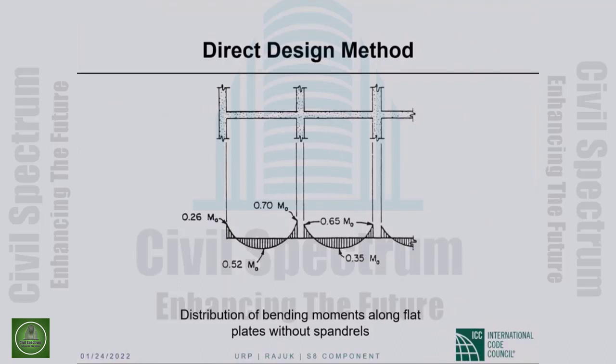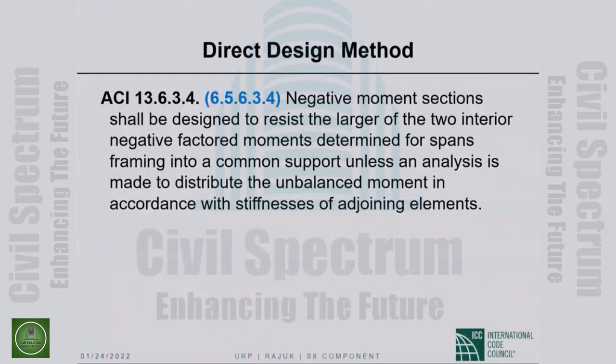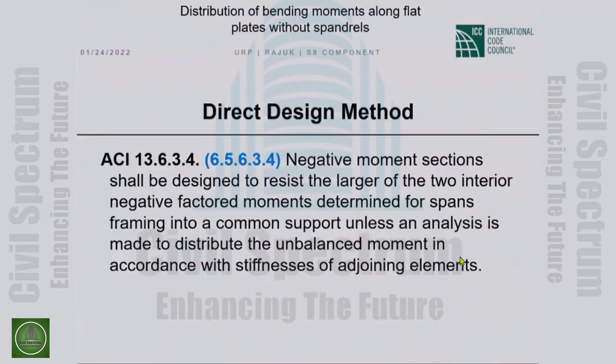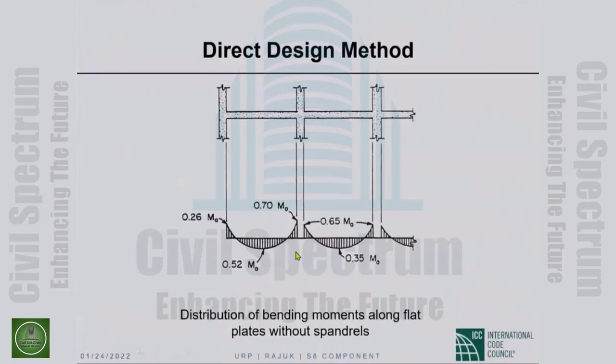But ACI 318 is specifically telling you that instead of transferring 26% of M sub 0, when you are doing shear design only, not flexural design, you will transfer 30% of M sub 0. You will increase the transfer moment because that is conservative with respect to shear.